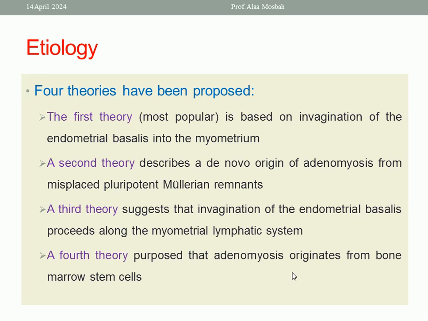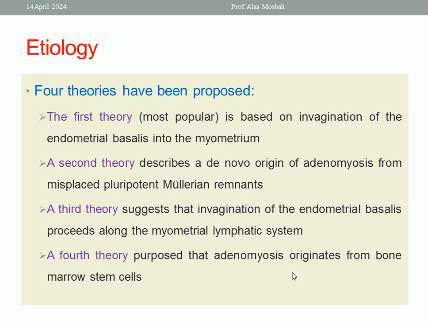The second theory describes a de novo origin of adenomyosis from misplaced pluripotent Mullerian remnants. So we are suspecting that there are Mullerian remnants in the muscle wall of the uterus, and these pluripotent Mullerian remnants will cause adenomyosis. The third theory suggests that invagination of the endometrial basalis proceeds along the myometrial lymphatic system.